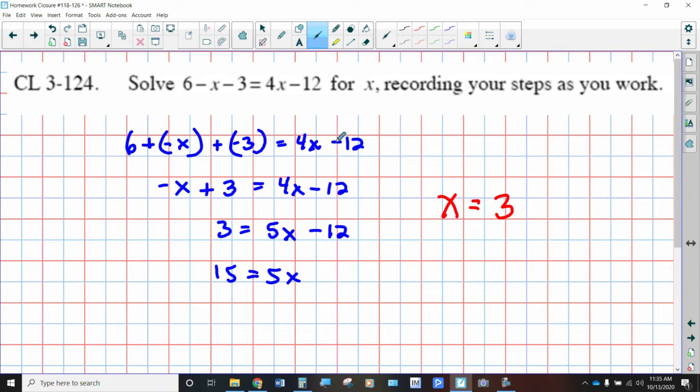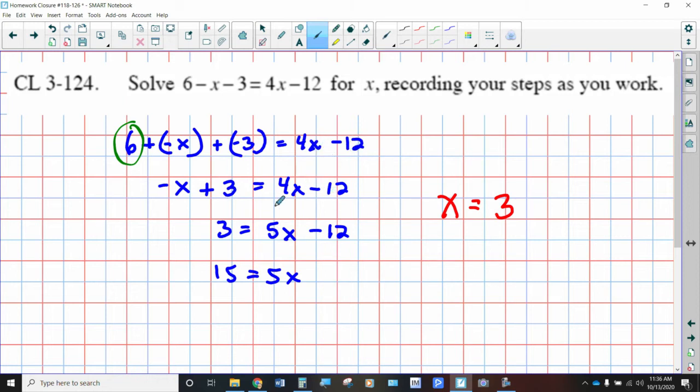Solving this equation and recording your steps. So instead of saying 6 minus x minus 3, I would rather write that as 6 plus a negative x plus a negative 3, because that allows you to combine like terms easily. So that becomes negative x, remember that minus sign is attached to the x, plus a positive 3, since 6 minus 3 is 3. And on the right side, we got 4x minus 12.